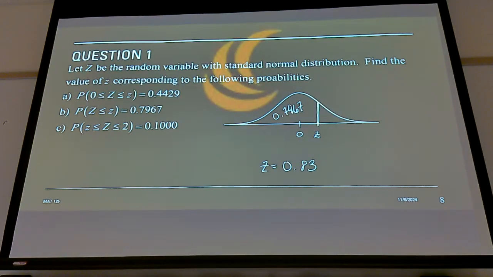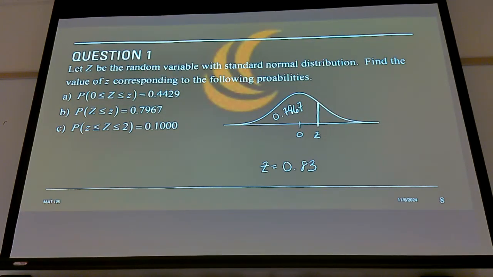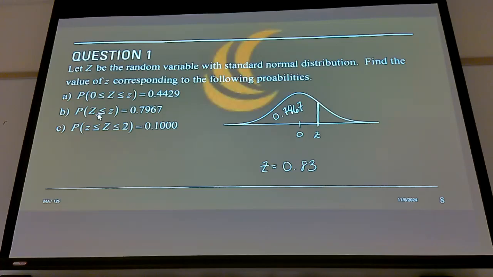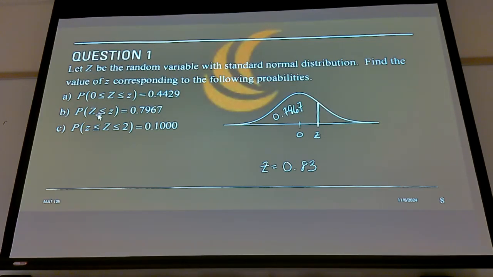For the graph, then you put the Z. So this is saying that the probability that you're less than or equal to Z is that 0.79. Since it's less than or equal to, you're looking for area to the left of your Z value, which is why it was this side over here.